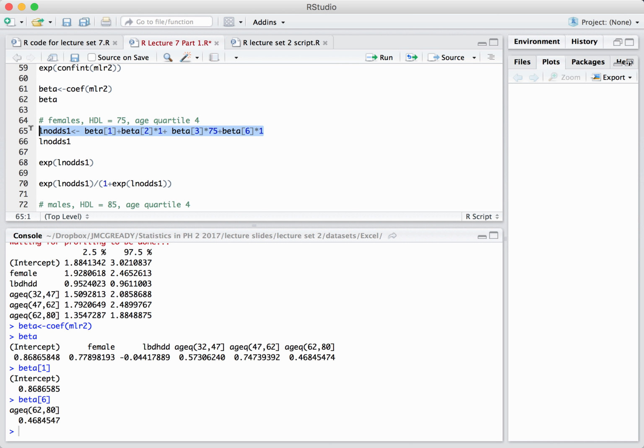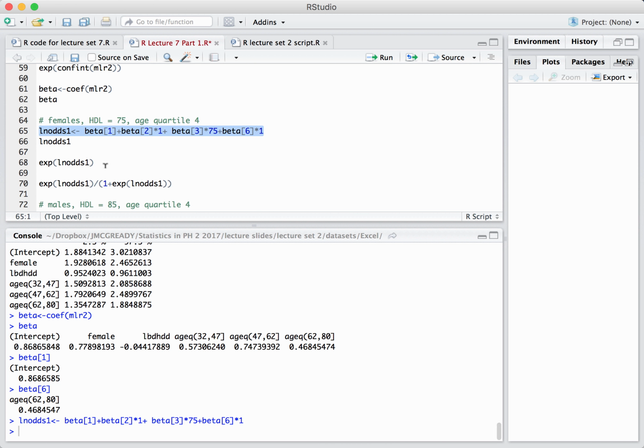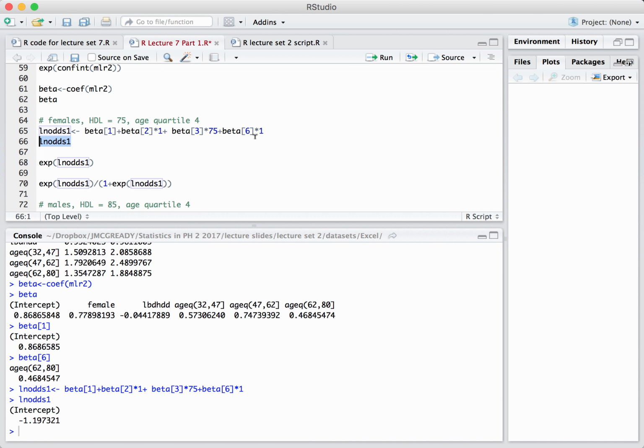And I'm storing this in a scalar called ln odds 1, for the log odds for this group. And if I look at this, it comes out negative 1.197, close to what I showed. I rounded for my hand computations, so the results will be slightly different. The nicety of this is it doesn't round, but it takes these all out to their multiple decimal places.